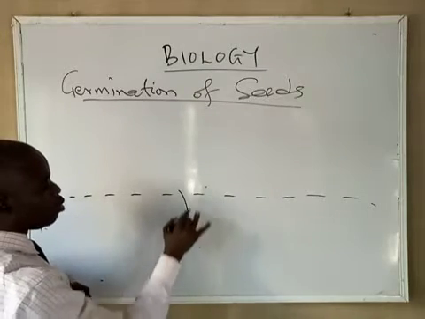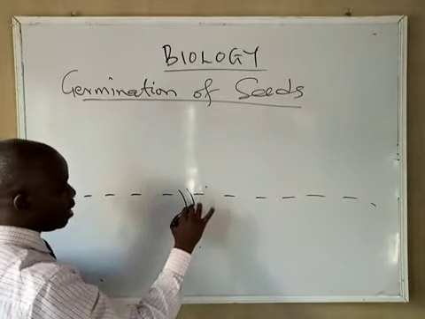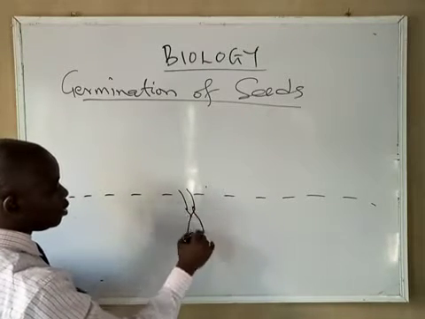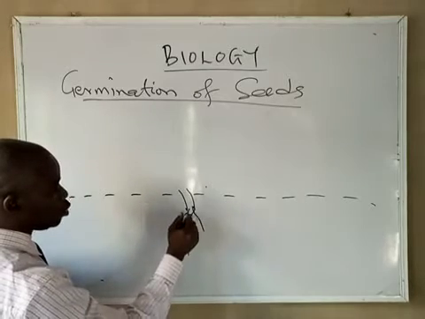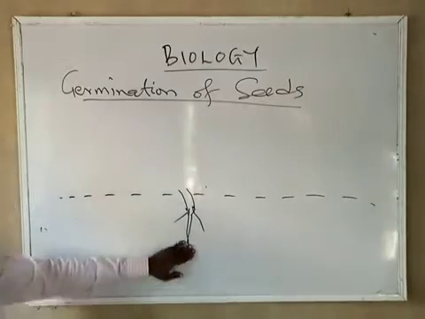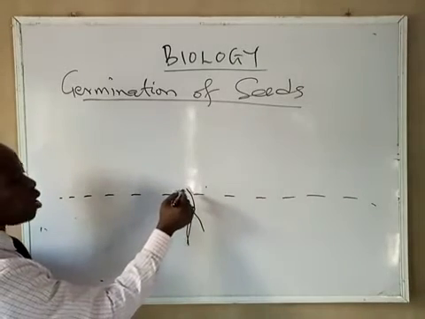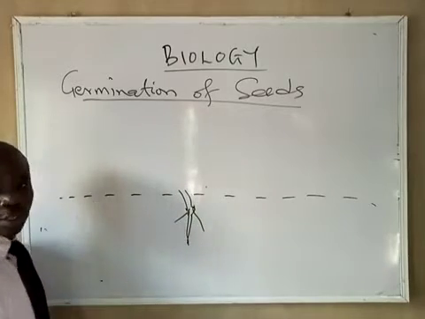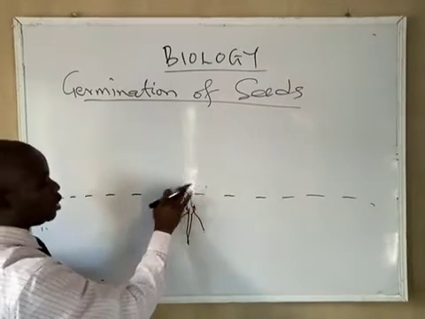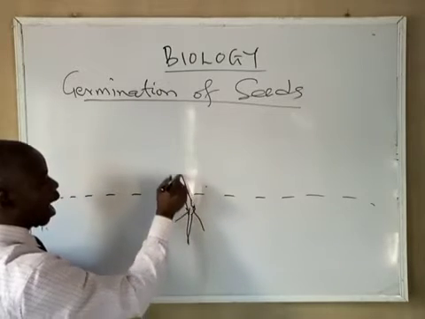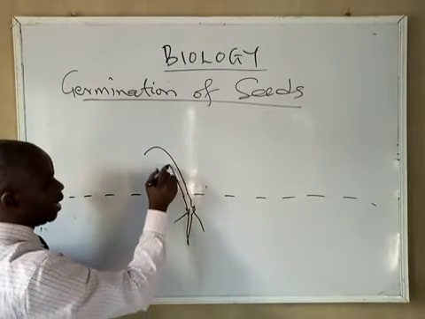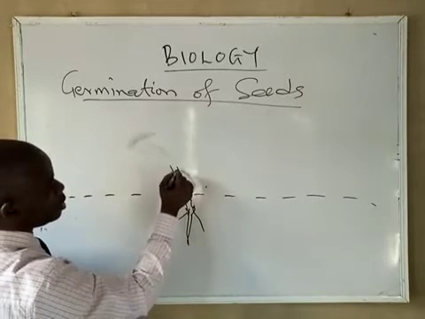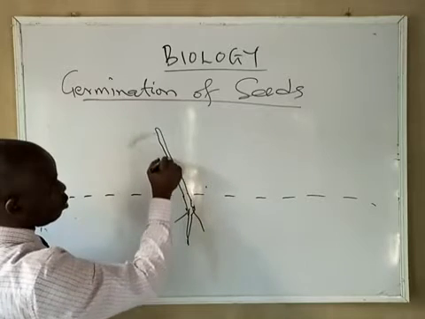The radicle, while it remains in the soil and is growing into the root, and is becoming the root. The hypocotyl that we showed in the previous drawing will also grow out of the soil, but it is going to carry the cotyledon as it grows up.